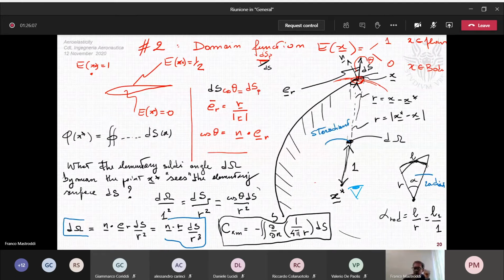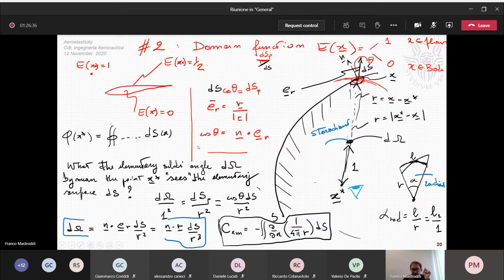First step, we find the analytical formula for expressing the solid angle in steradians, able to measure the solid angle viewed by this point for observing this elementary surface. So you have an elementary surface, dS, so you have an elementary solid angle, d omega.